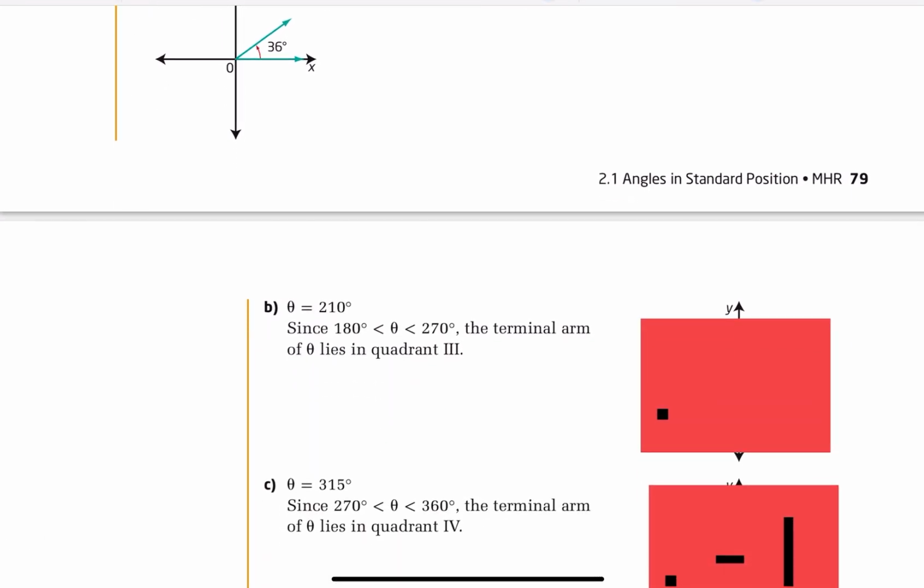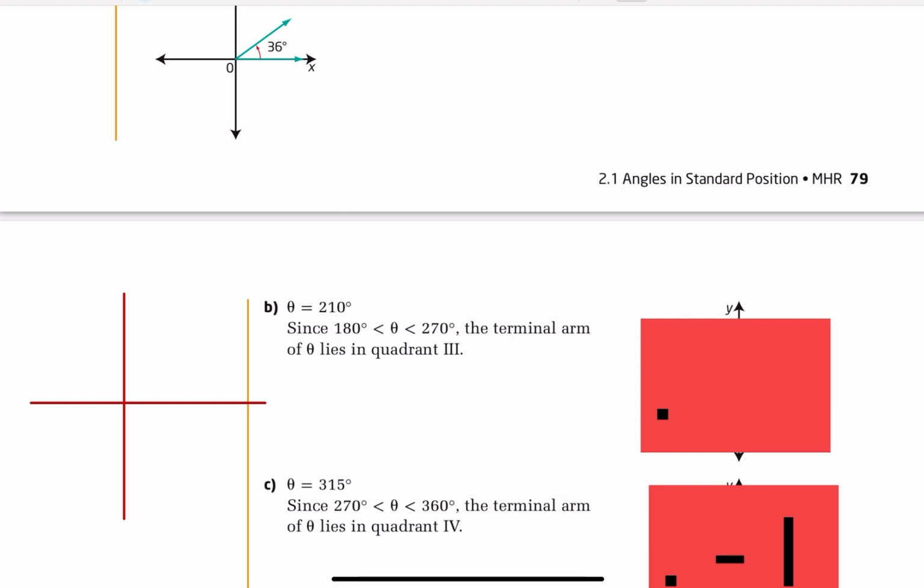I will just show you, like, you know that your 210 is more than 90° and more than 180°. Okay, so this is my axes, x and y.